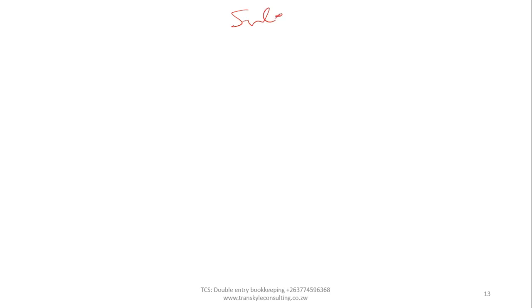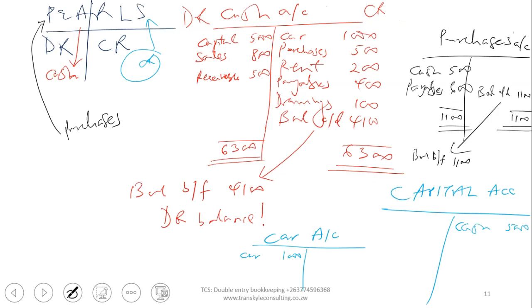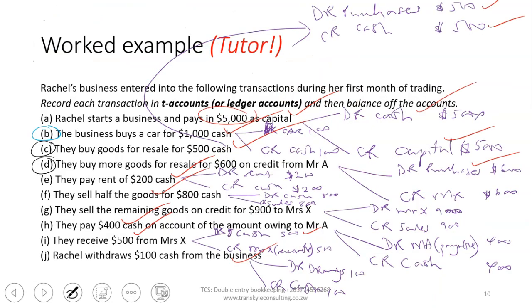So the sales account, debit and credit. Sales, they appear on the credit side. So by default, they should have a credit balance. So we are having two forms of sales. We have the cash sales as well as the credit sales.